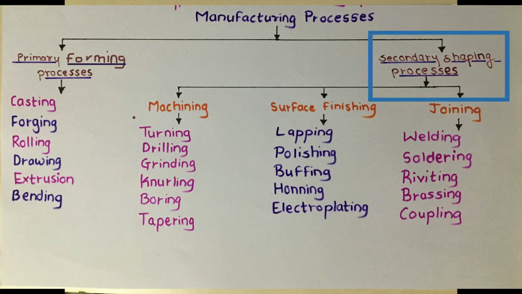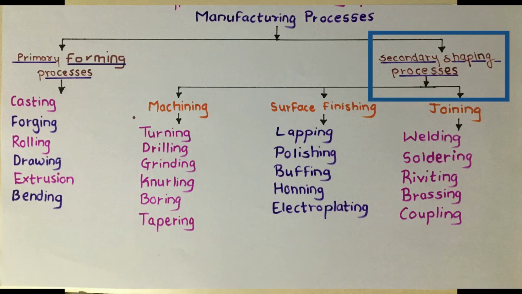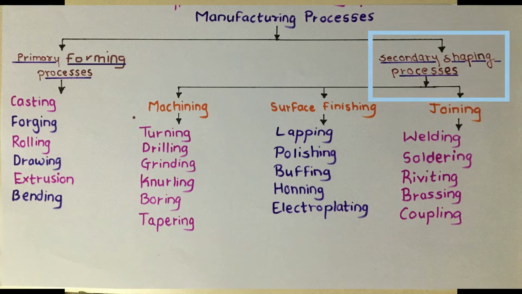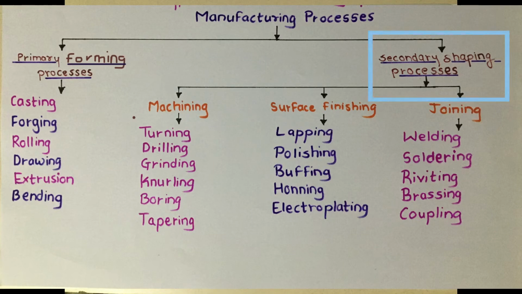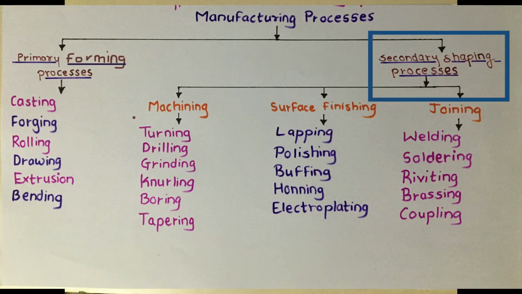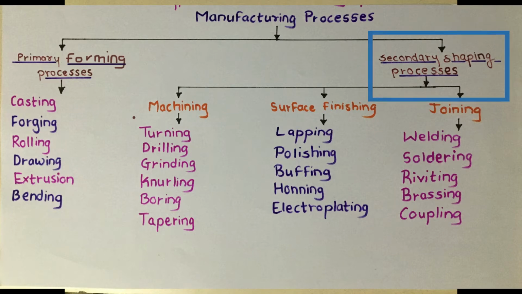In order to provide it with good dimensional accuracy, surface finish, and meet the tolerances, we use secondary shaping process. In this secondary shaping process, there are three subcategories: machining, surface finishing, and joining.